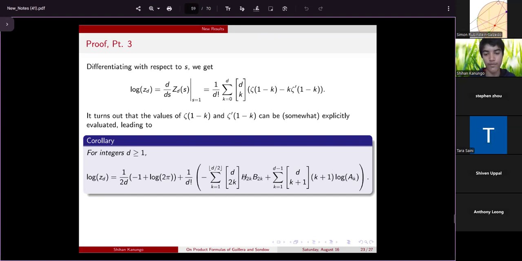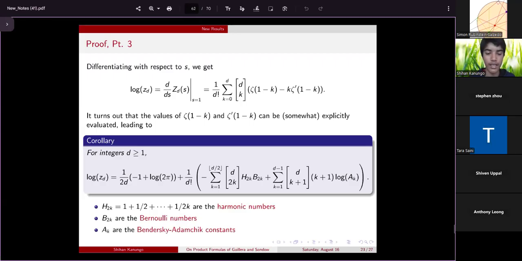But we have three new constants over here. We have H2k, which are just the harmonic numbers: 1 plus 1 half plus dot dot dot plus 1 over 2k. B2k are the Bernoulli numbers. These are also rational numbers. They're pretty important, and I'm not going to define them here because that would take too much space.